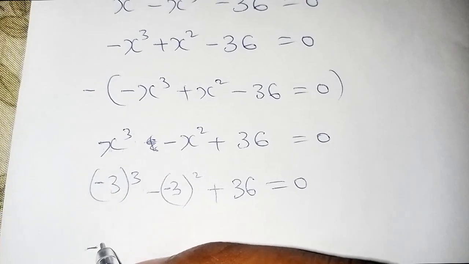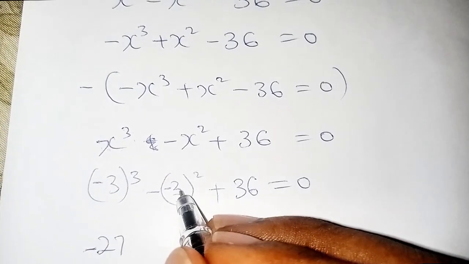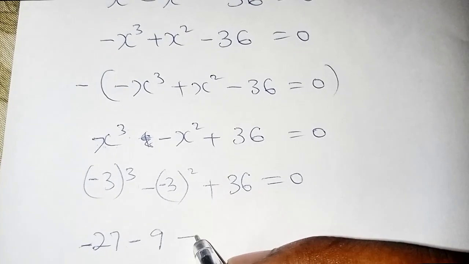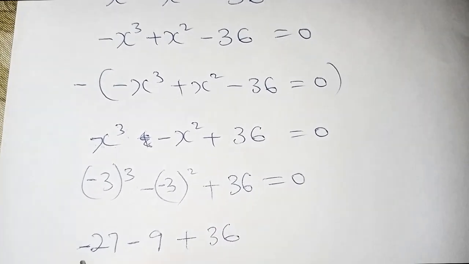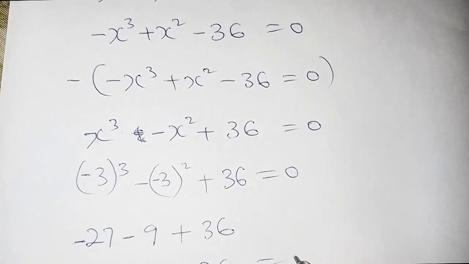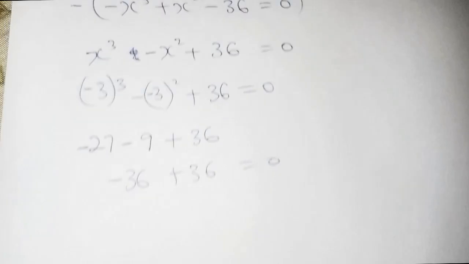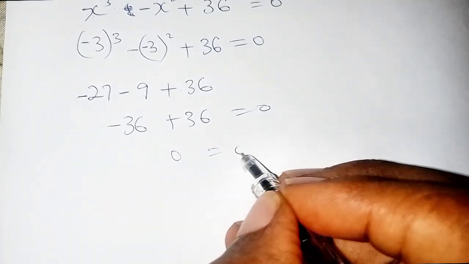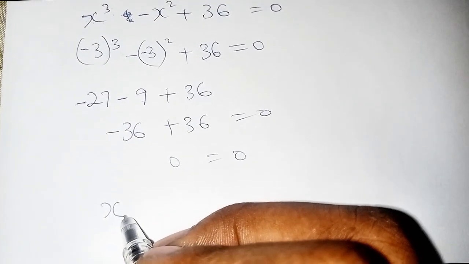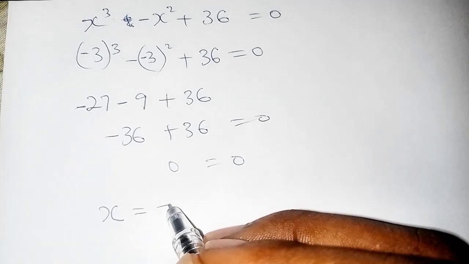This will give us minus 27, this will give us minus 9, plus 36. This will give us minus 36 plus 36. You see, 0 equals 0.